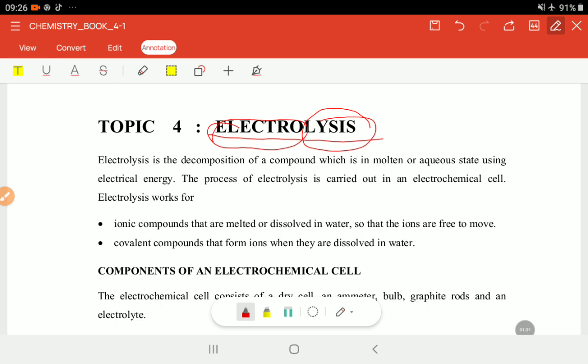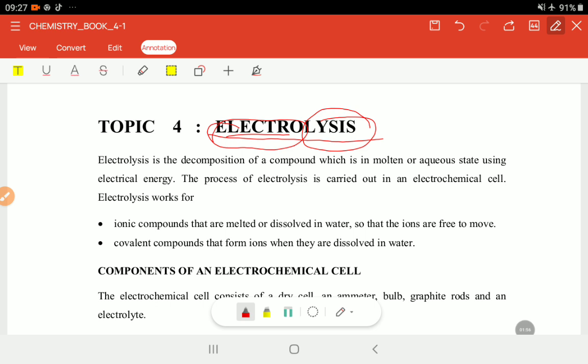Like when a cell takes in too much water, as in osmosis, at some point it undergoes lysis; it bursts, it splits. So in this case, we are looking at something which is splitting, something which is decomposing, but with the aid of electricity.